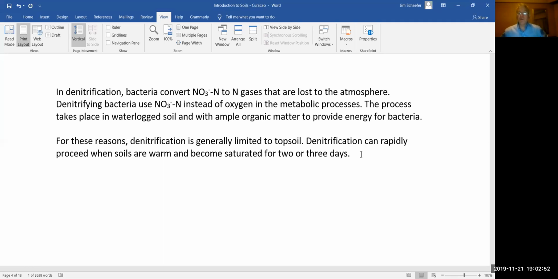If you over irrigate, if you go to sleep and you take a nap in the afternoon and it's midnight when you wake up and you've over irrigated your patch, whatever it is, watermelons, papaya, you will have initiated the process of denitrification.